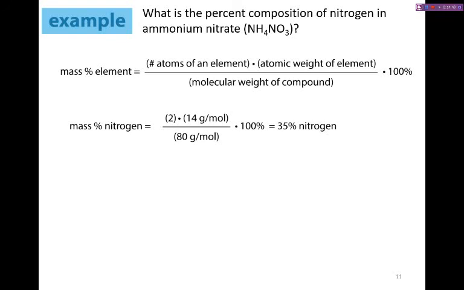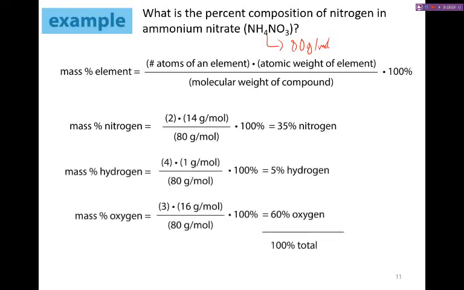The way that we found the 80 grams per mole was by adding together the atomic masses of the components that make up the ammonium nitrate. Mass percent hydrogen and oxygen are also given, and what we should see is that they add up to be 100% total.